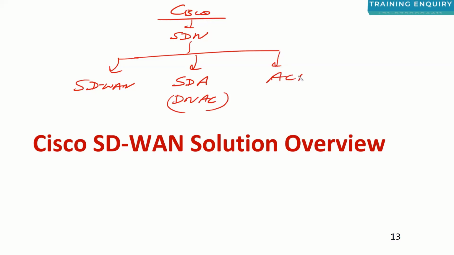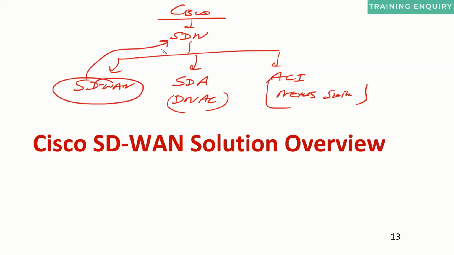You have got ACI for Nexus switches. And all these solutions are part of SDN, software defined networking. So SD-WAN is one of the components of SDN when it comes to Cisco, right?